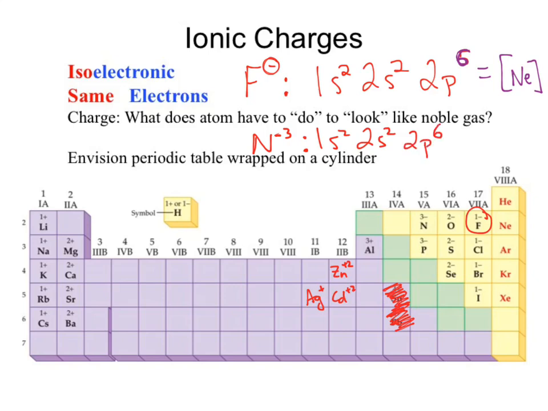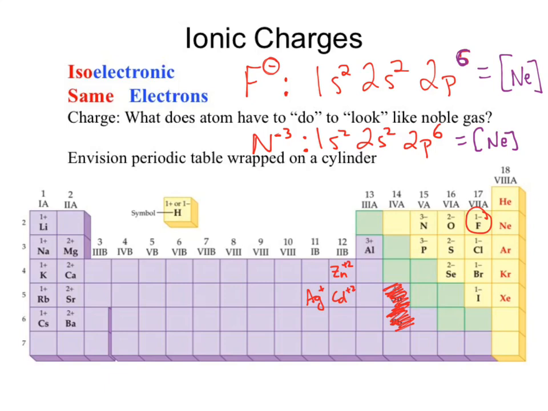Why is it 6? I look at nitrogen. Shouldn't it just have 3 p electrons? It's -3, so I have to add another 3 electrons to it. So it becomes 2p6, also known as neon. Oh, that's interesting.